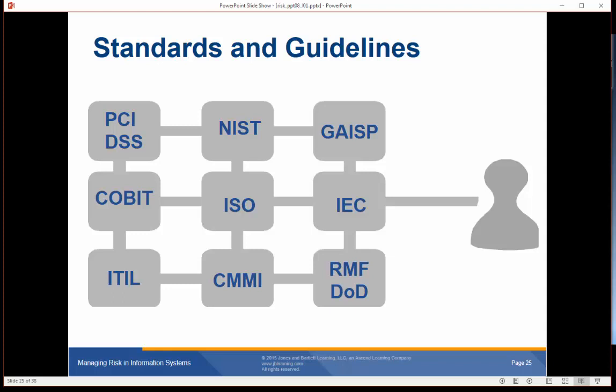And the ITIL is the Information Technology Infrastructure Library. And then you have the CMMI. You'll hear me mention this throughout, the Capability Maturity Model Integration. And one of my favorites, the Risk Management Framework, is the DoD's. But before they went to the Risk Management Framework, they had what they call DIACAP, D-I-A-C-A-P, which is the Department of Defense Information Assurance Certification and Accreditation Process. Talking about your red tape and bureaucracy, there it is.